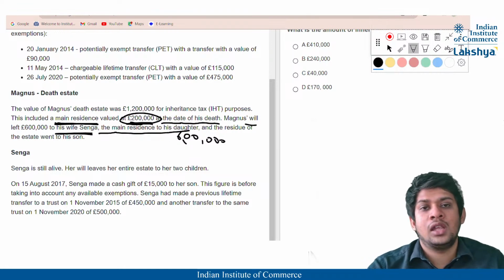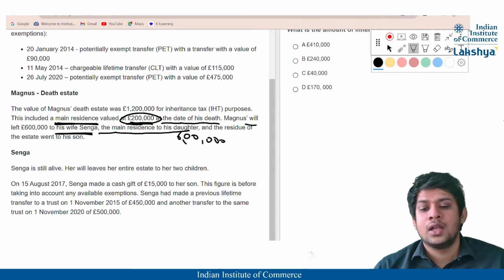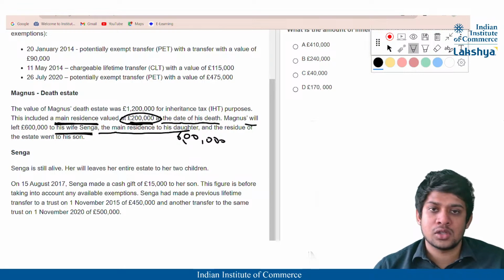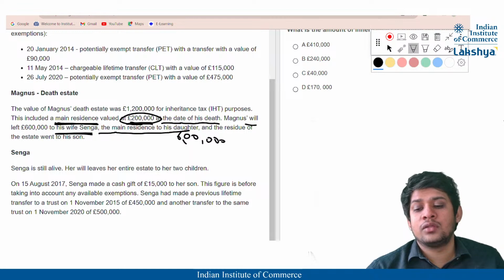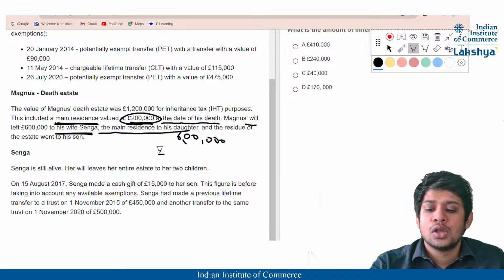Whenever he transfers the main residence, that is his house, to his daughter or his son, that means his descendants, we also receive a residence nil rate band of up to 1,75,000 pounds. Here the value of the main residence was 2 lakh pounds, so she will get a deduction of up to 1,75,000 pounds. So 1,75,000 pounds will also be deducted from here.